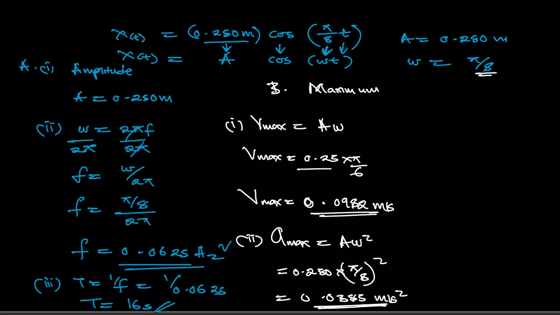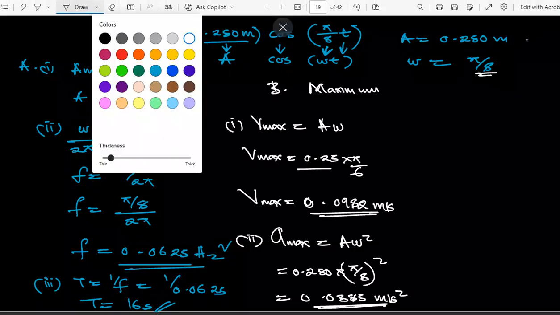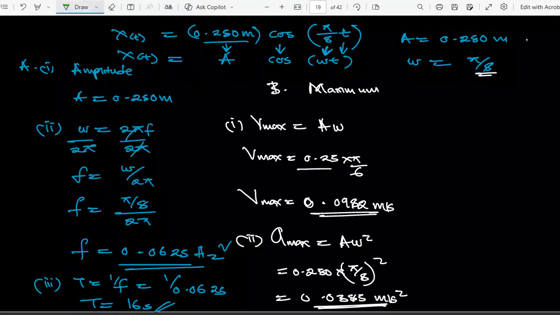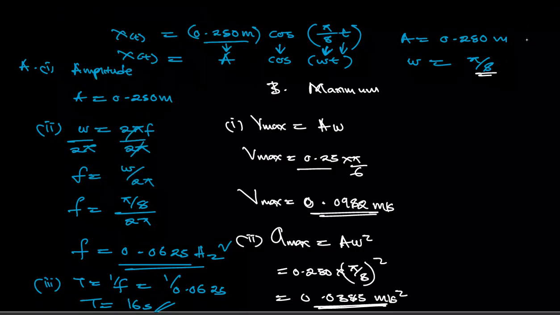So what is going to be our position? You can see this position, we know this is our formula. So our position, question C. After 1 second has elapsed, what is going to happen to the position?